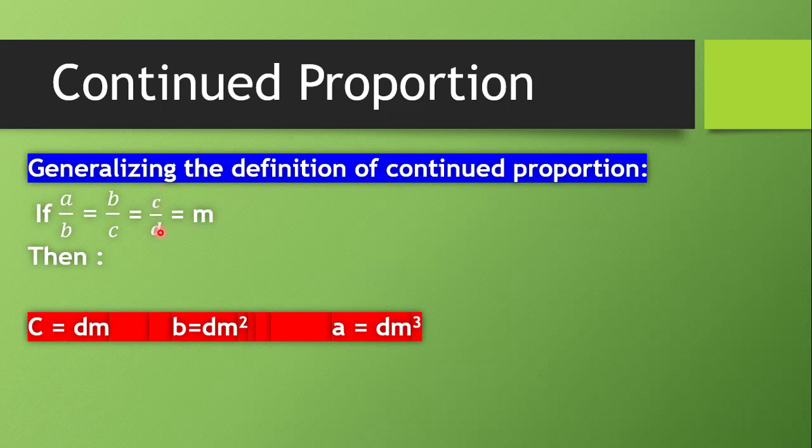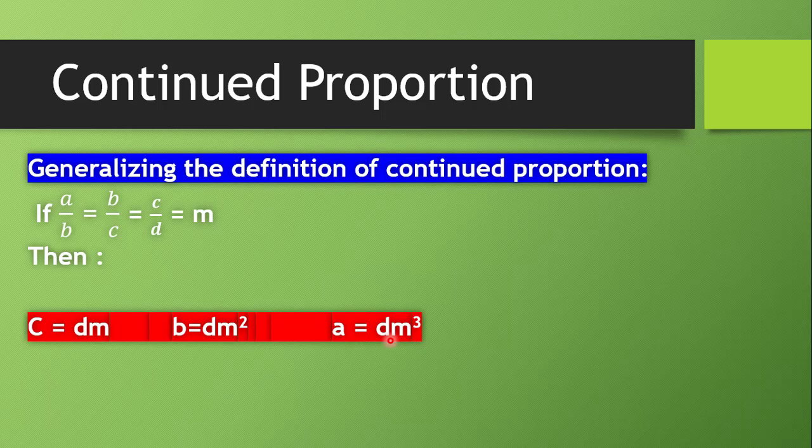Look at here, C equals dm. B equals cm, it means dm power 2. What about A? A equals bm, but B equals dm power 2, so A equals dm power 3.